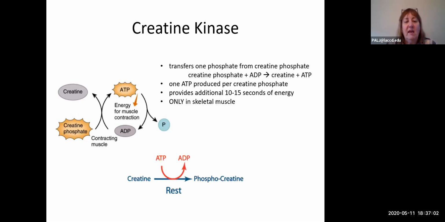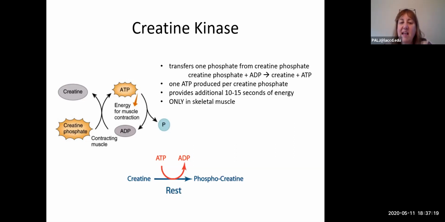So at rest, creatine will bind with ATP to form creatine phosphate and an ADP molecule. Yes, that requires creatine kinase.